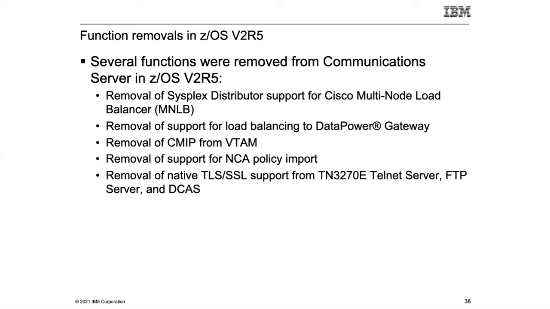Prior to V2R5, you've been able to configure all 3 of these servers via either native TLS configuration options or via ATTLS. However, beginning in V2R5, all of these must be secured using ATTLS. The native TLS/SSL configuration options have been removed. Please be aware of this as you begin planning your upgrade to z/OS V2R5.